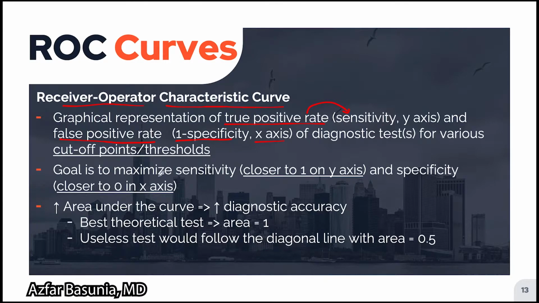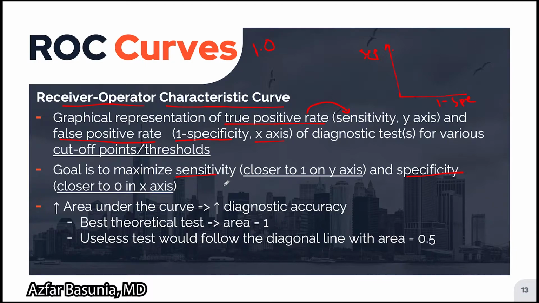The goal of an ROC curve is to maximize both the sensitivity and the specificity. In an ROC curve, we have sensitivity on the y-axis and 1 minus the specificity on the x-axis. And remember, the maximum value for both the sensitivity and the specificity would be 1.0.